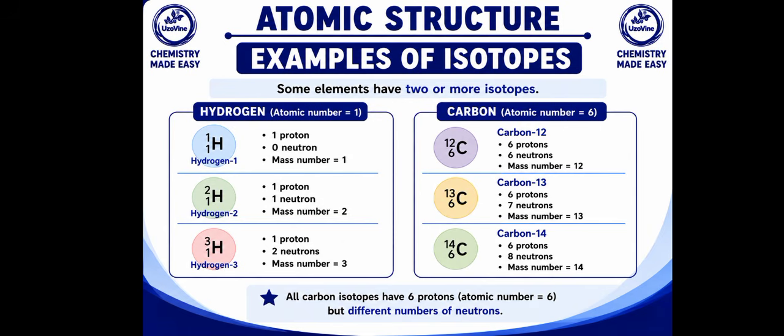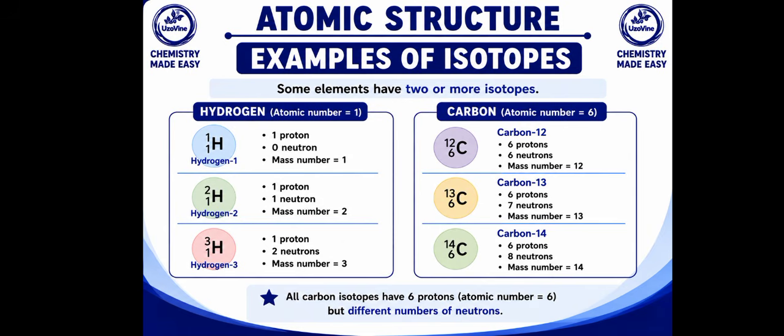Hope you are following. Now, another example is the carbon atom. Atomic number of carbon is 6. The first isotope of carbon has 6 protons, 6 neutrons. Therefore, the mass number, which is neutrons plus protons, is going to be 12. But the second isotope of carbon has 6 protons, 7 neutrons.